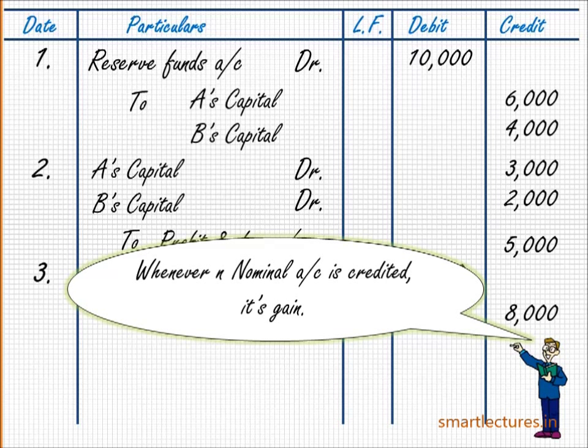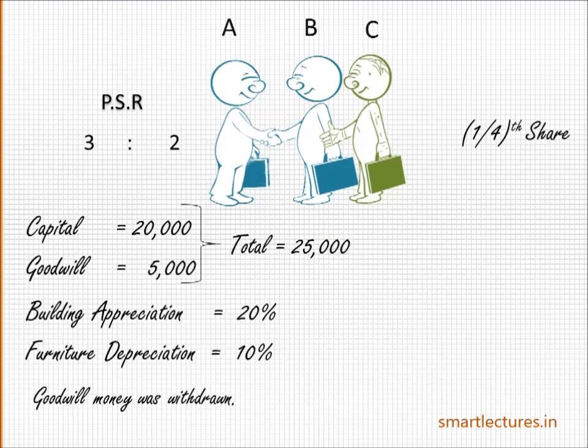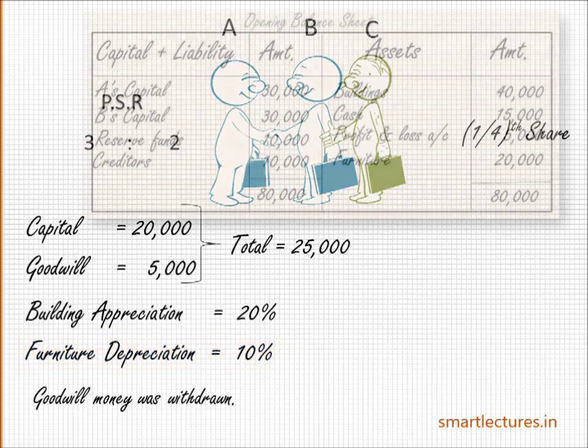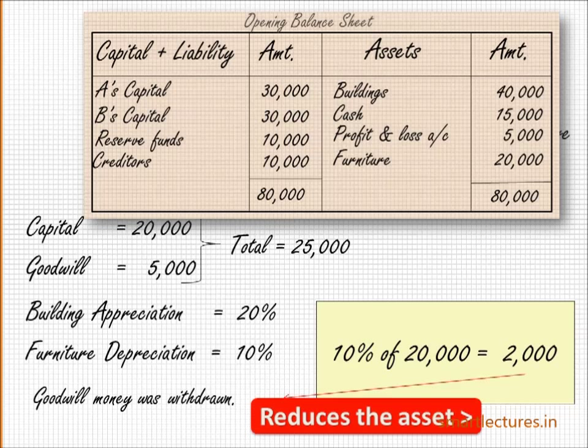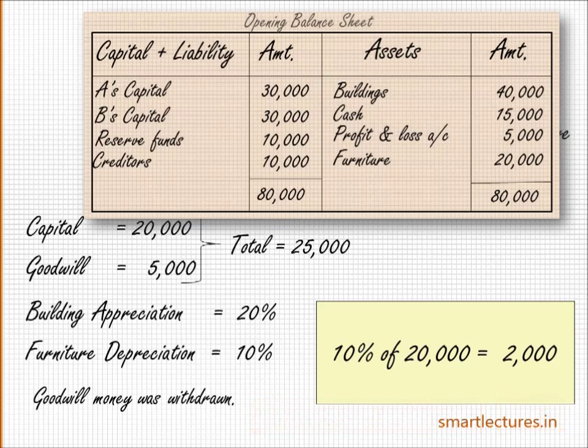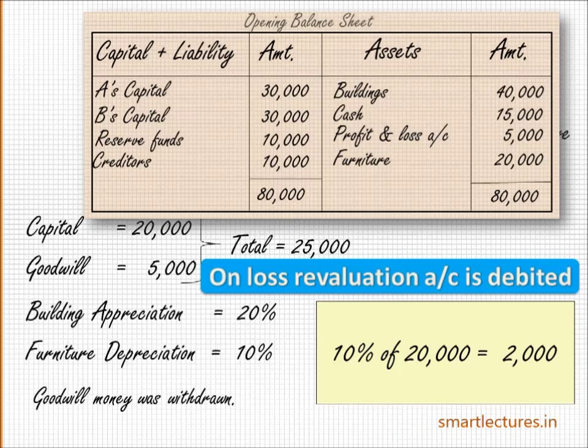Now, furniture has been depreciated by 10%. 10% of 20,000 is rupees 2,000. It means we are going to reduce the value of asset, and that asset is furniture. It's a loss. So in case of loss on revaluation, revaluation account is debited.